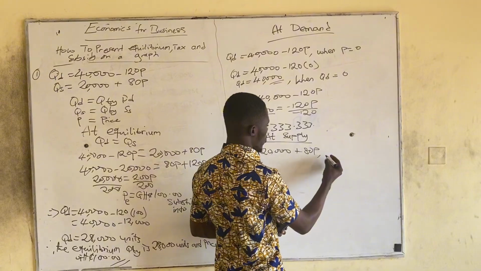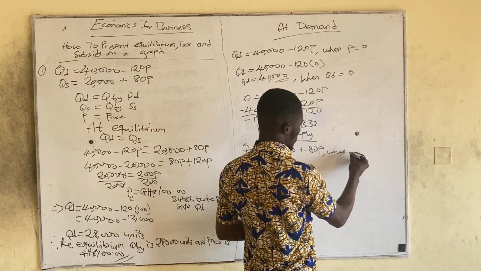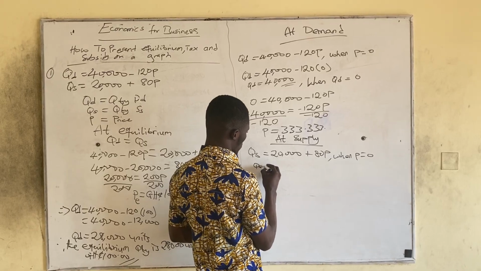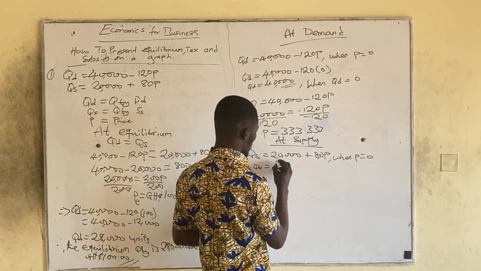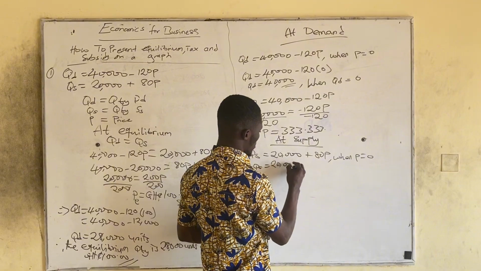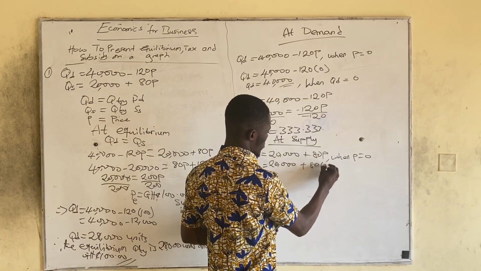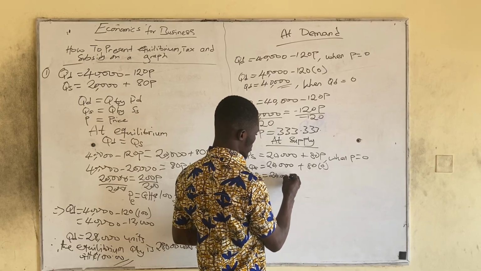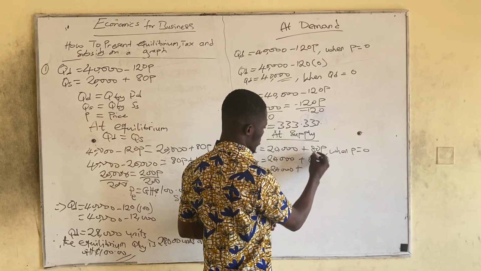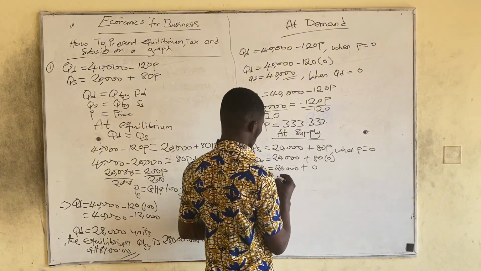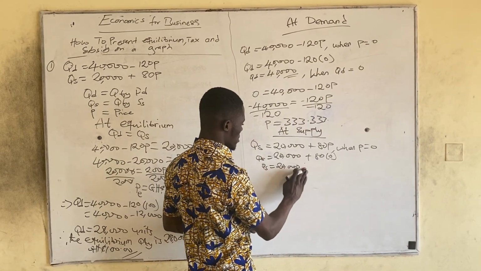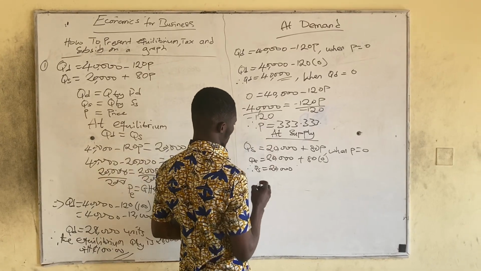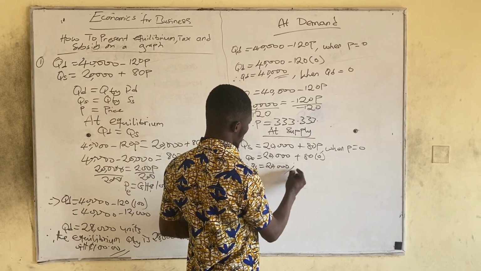Then you do the same: when P equals 0, our quantity supply will be equal to 20,000 plus 80 by 0. This will give us 20,000 plus 0. So quantity supply will give us 20,000.